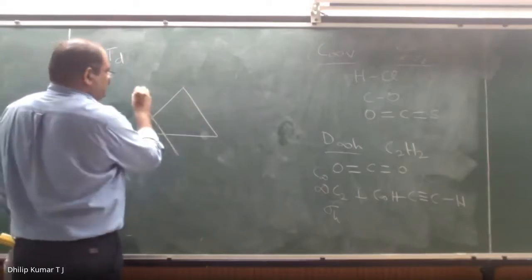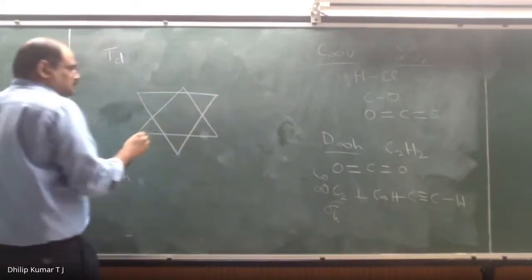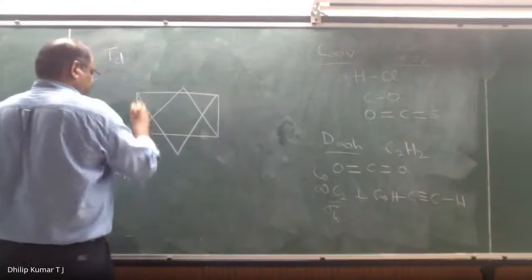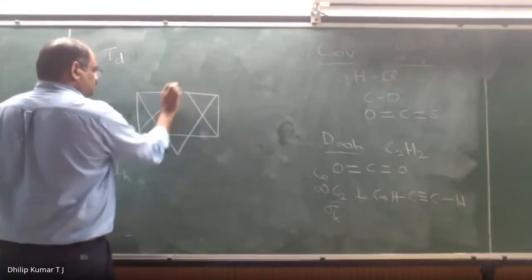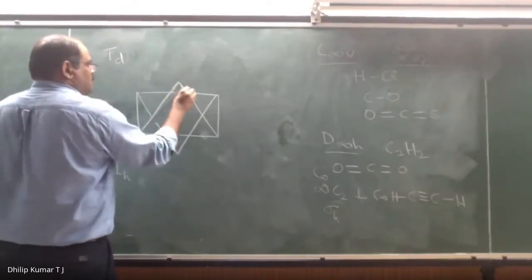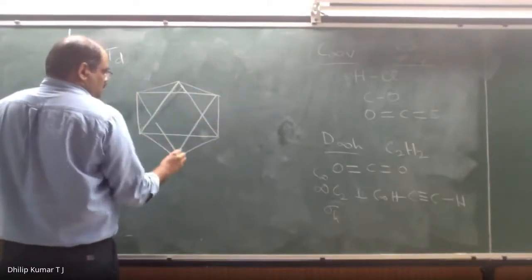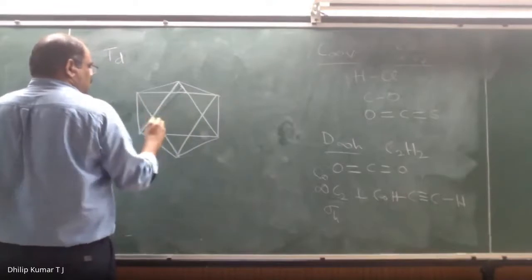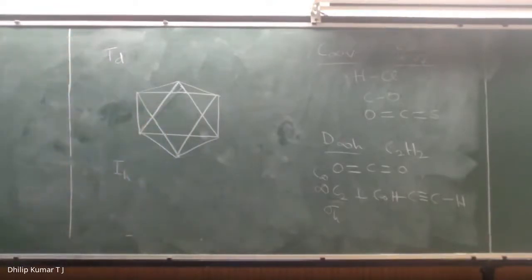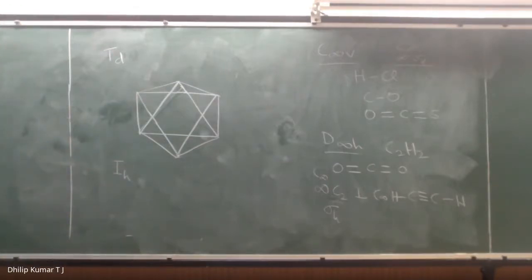Just basically 2 inverted triangles. So if you see, there will be 12 vertices in this.